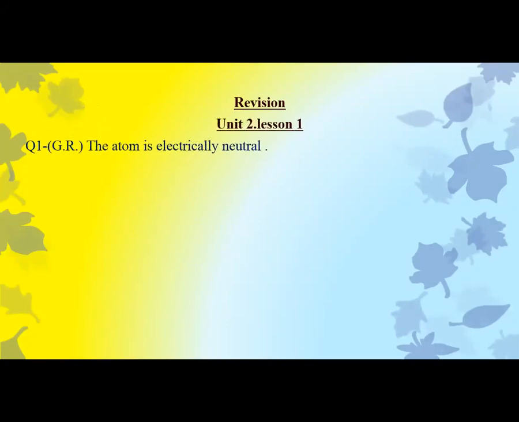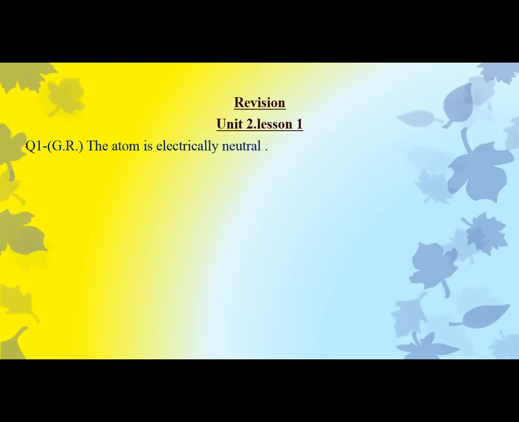Unit 2, lesson 1. It's give reason. The atom is electrically neutral. You know that inside the atom there are positive protons and neutral neutrons, and outside the nucleus there are negative electrons.